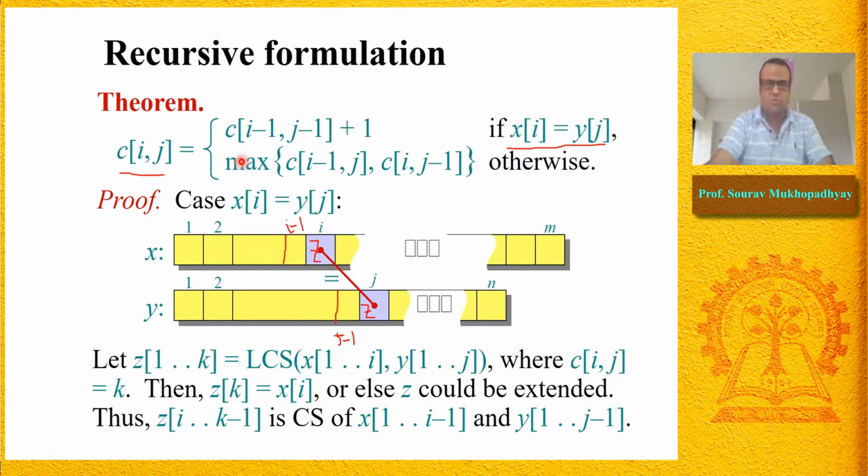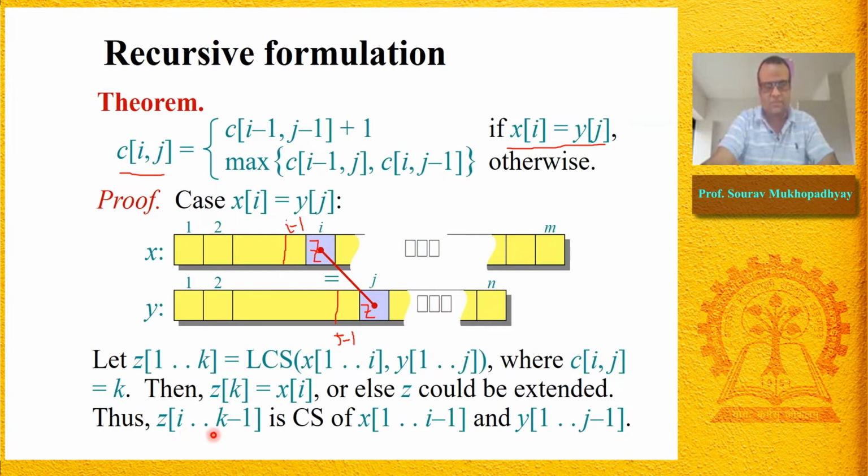Now we have to prove this. To prove this, if we can show this z1 to k minus 1 is a longest common subsequence of these two, then the length of Ci minus 1, j minus 1 will be k minus 1. Then we are done.